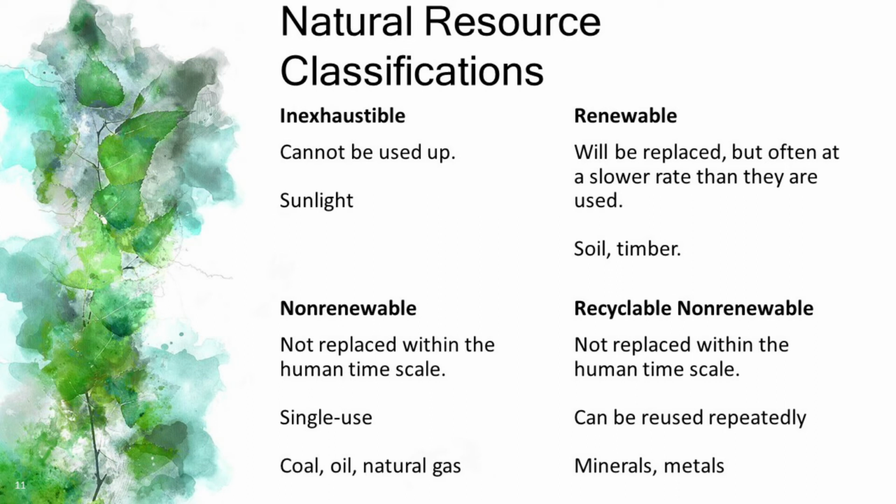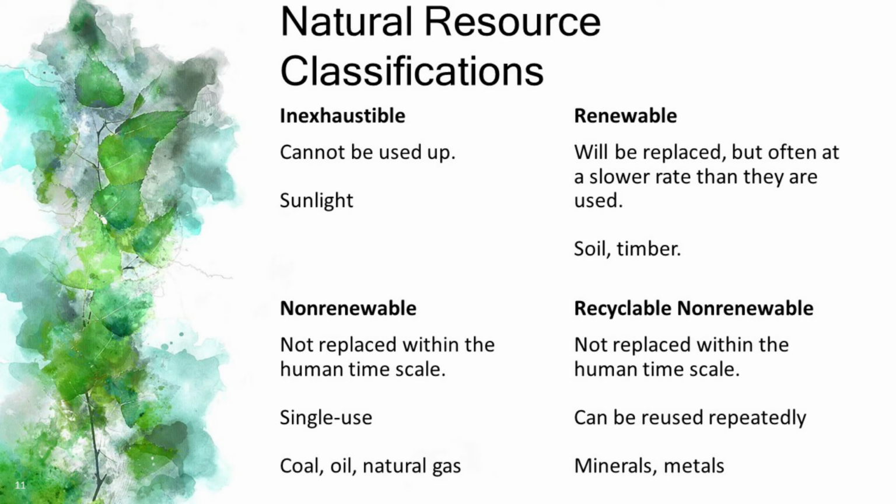Renewable resources will be replaced, but often at a slower rate than they are used. Examples of this are the soil or the timber. Another example is the coral reef. Do you know that coral reef grows in 1 year for just 1 millimeter?